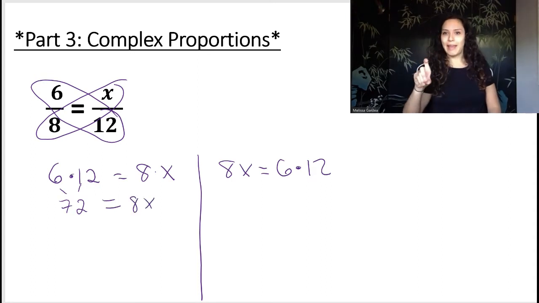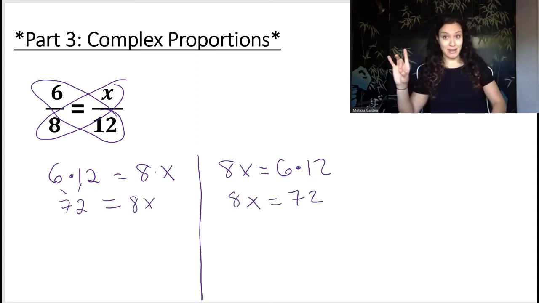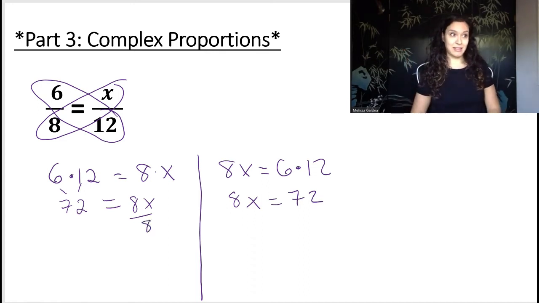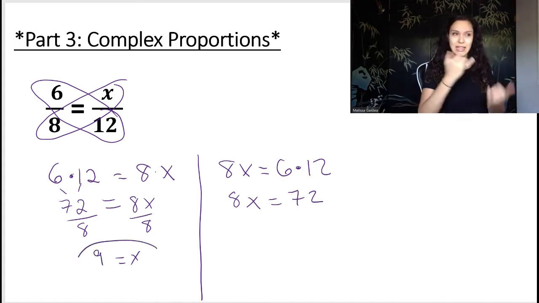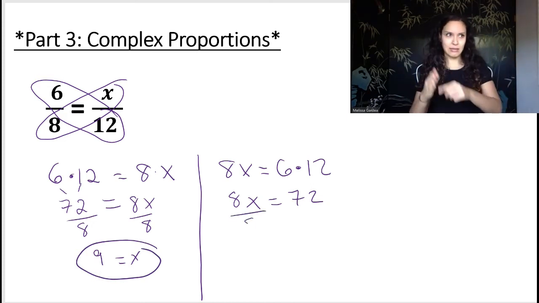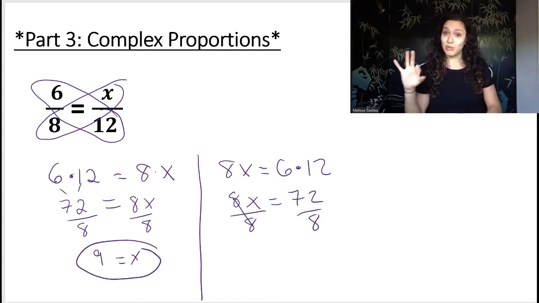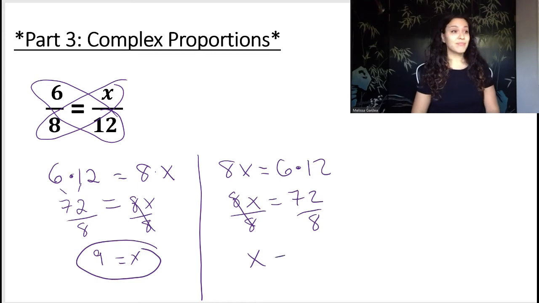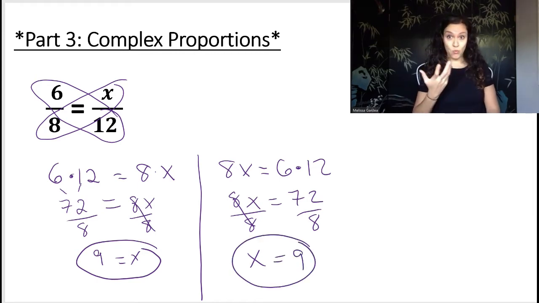Equals 8x. Okay, 8x equals 72. Divide by 8, divide by 8. 72 divided by 8 equals 9. So x equals 9. Let's see if it works out on this side. X equals 9. There we go.